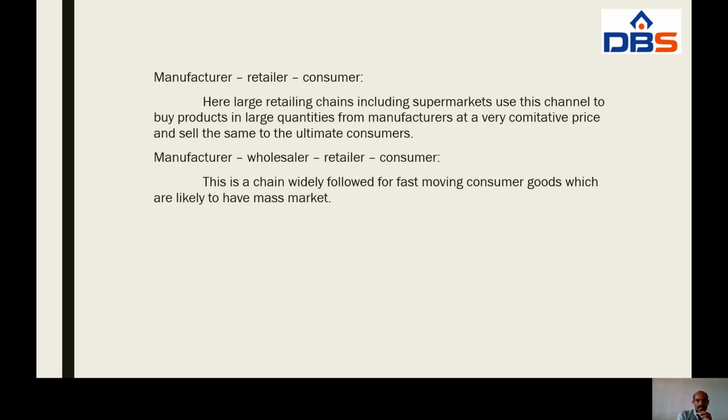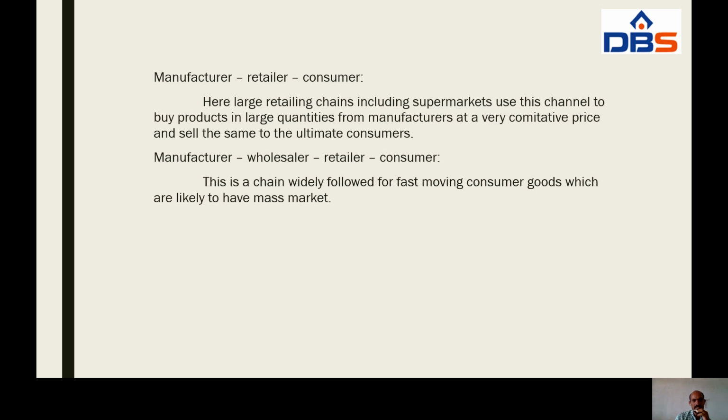And the next one, manufacturer, retailer, consumer. In this way, we see the retailer acting as a middleman or intermediary between the manufacturer and consumers. He buys a low quantity from the manufacturers and sells to consumers directly.